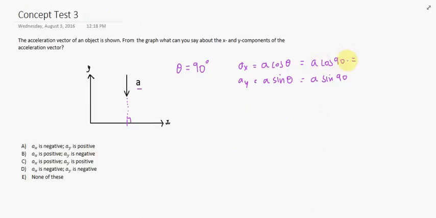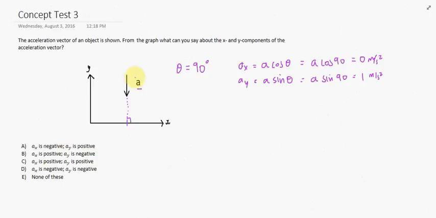the cosine of 90 is equal to 0, and the sine of 90 is equal to 1. Okay, in other words, it's saying that the horizontal component is 0 meters per second squared, and just for the sake of it, whatever the value in front of it would be, the sine of 90 is equal to 1 meters per second squared, right?